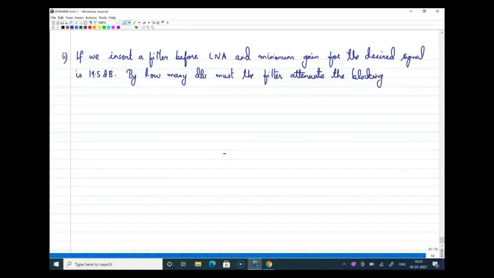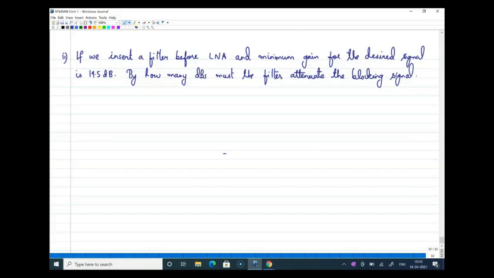This is the question. Now we are inserting a filter before LNA. That means the initial amplitudes A1 and A2 will definitely get altered when they reach the input of LNA. Also, given that the minimum gain of LNA now is 19.5 dB, by how many dBs must the filter attenuate the blocking signal? So you can try.